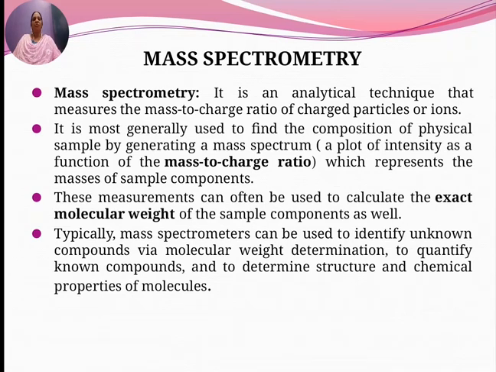Typically, mass spectrometers are used to identify unknown compounds by molecular weight determination, to quantify known compounds and to determine the structure and chemical properties of molecules.